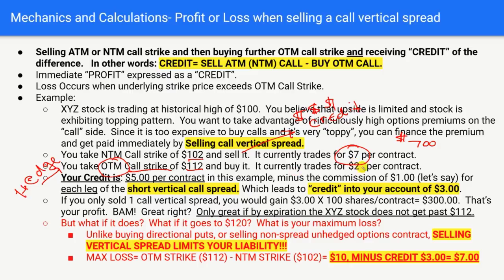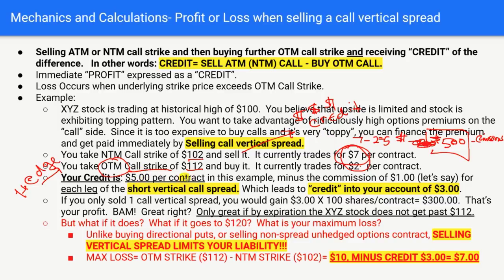It currently trades at $2, times 100 shares that it controls per contract, is $200. So effectively, your credit on the premium side is $7 minus $2 equals $5, or $500. That's what gets deposited, minus commissions. Don't forget commissions.